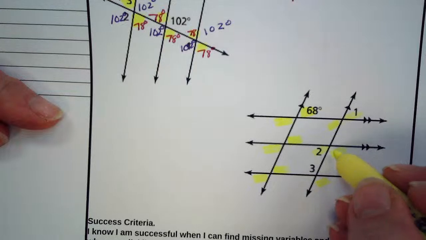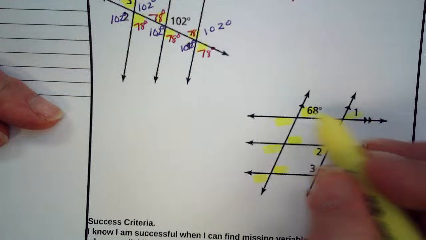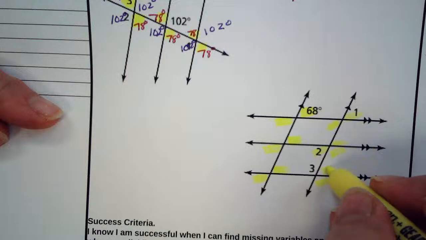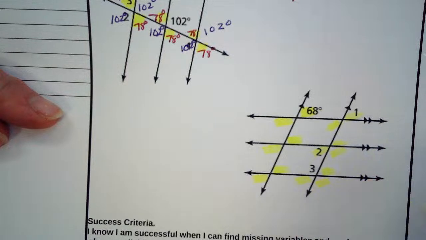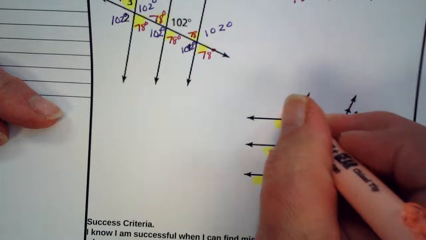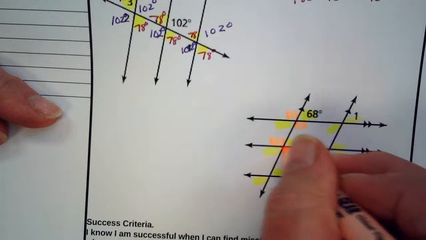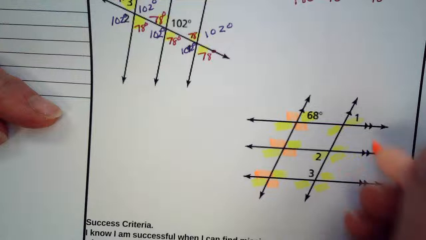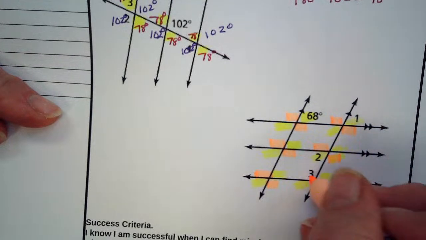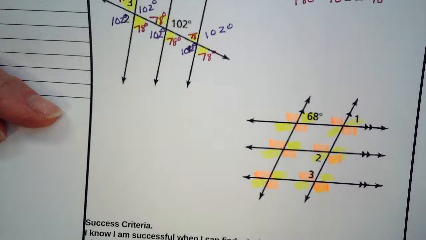So if I've got these two, I've got these two, so these two would be the same, and then these two would be the same. And then the rest, I'm going the other way now. There we go. Now we've got it marked correctly.